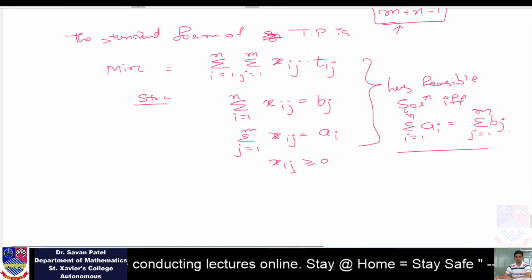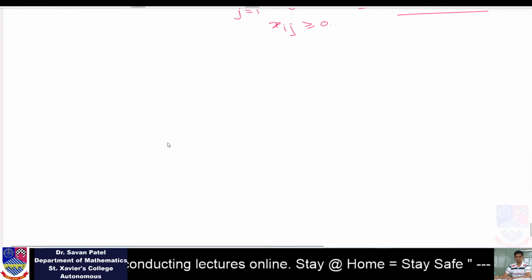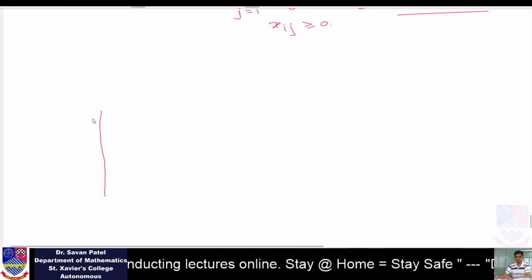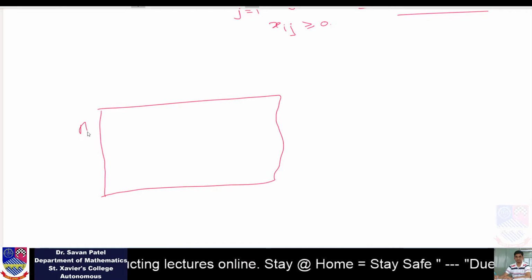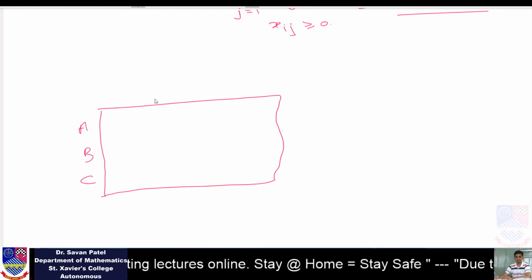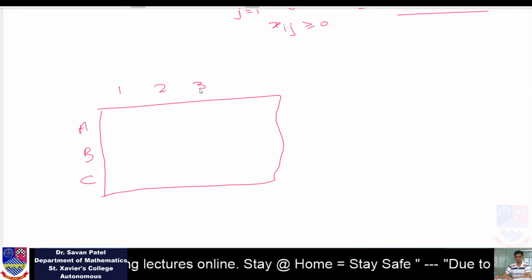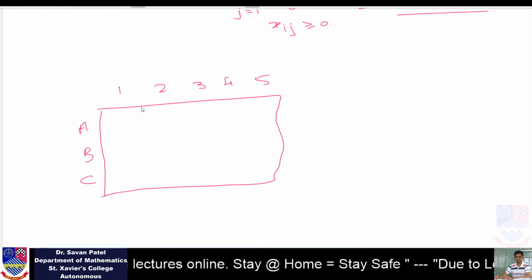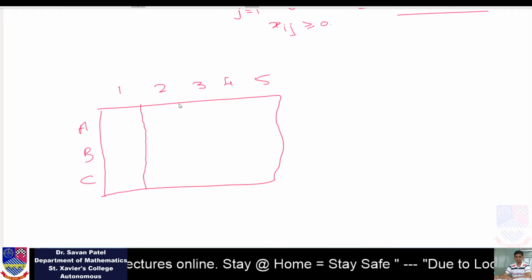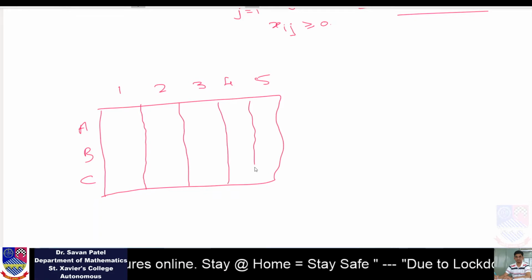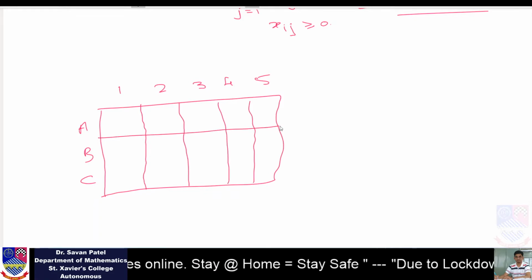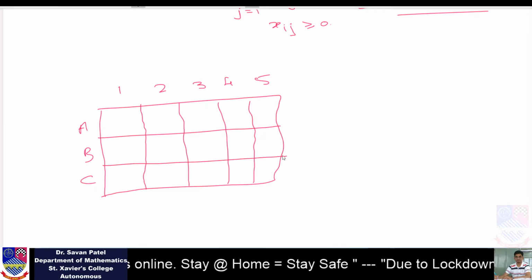Here, you can try such more problems at your home. You can write any table. Let me write here for you A, B, C sources and destinations 1, 2, 3, 4, and 5. I am writing the transportation costs. You solve it by all the possible methods we have seen.